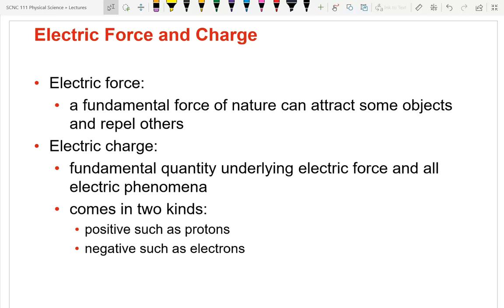Okay, with the electric force, we have 2 kinds of charge: positive, and protons are an example of positive charge, and negative, electrons are an example of negative charge. Something interesting and peculiar, charge comes in finite amounts, what we call quantized.